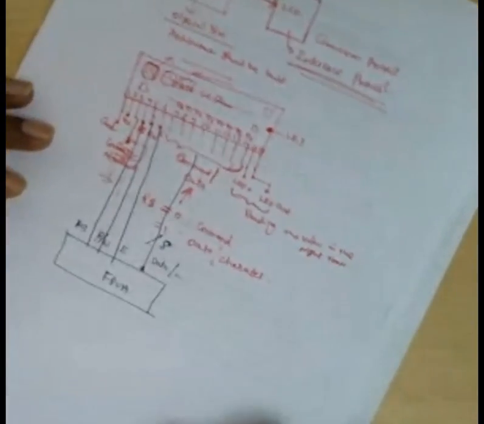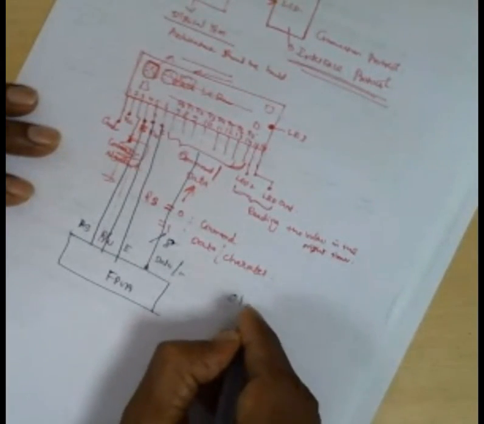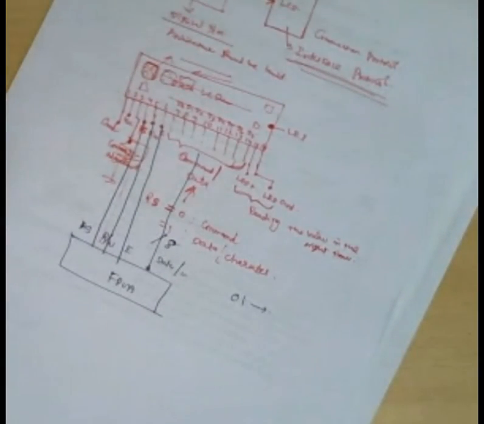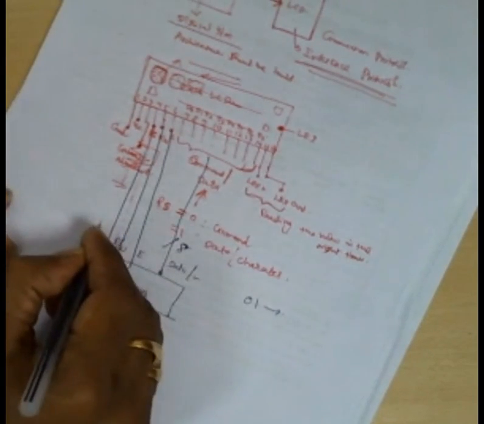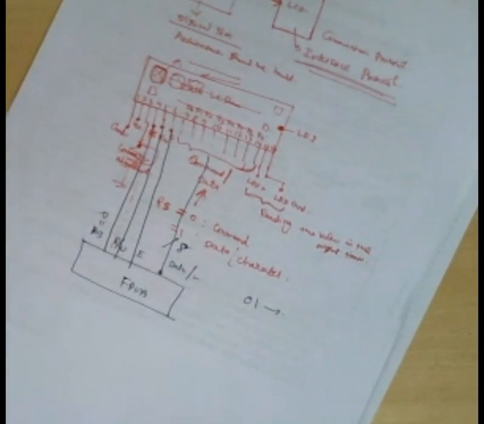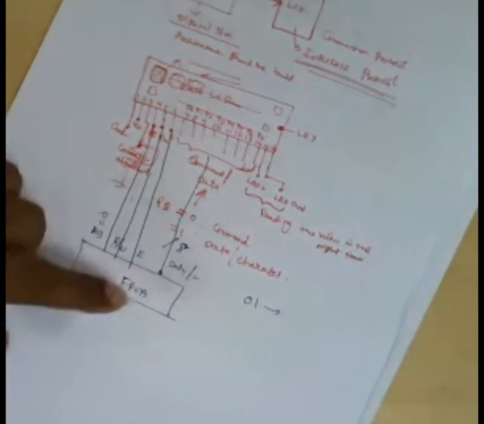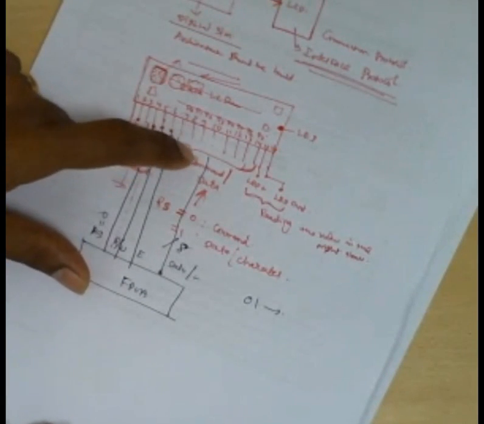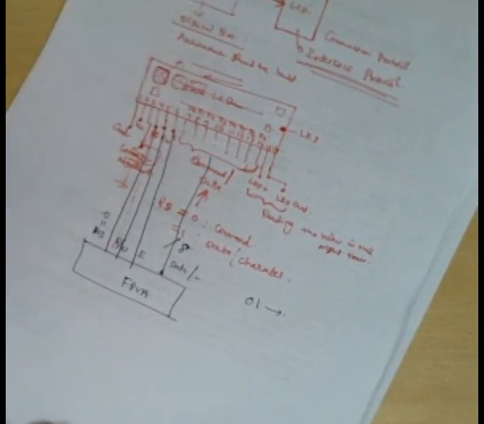See, for example, if you send a 01, clear the screen. That means whatever is already displayed will be cleared. So whenever your RS equals 0, whatever you are sending from here will be taken by the LCD ASIC IC as a command.